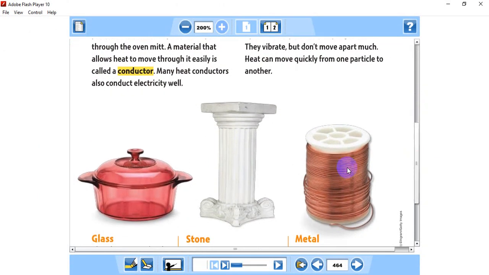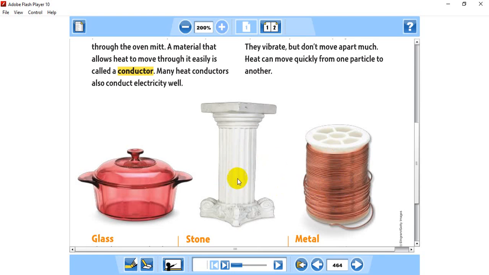So the copper here is a metal that is a conductor. Why is it a conductor? Because the particles of this metal are close to each other. For that reason the heat will move between the particles very fast, through the particles of this solid.